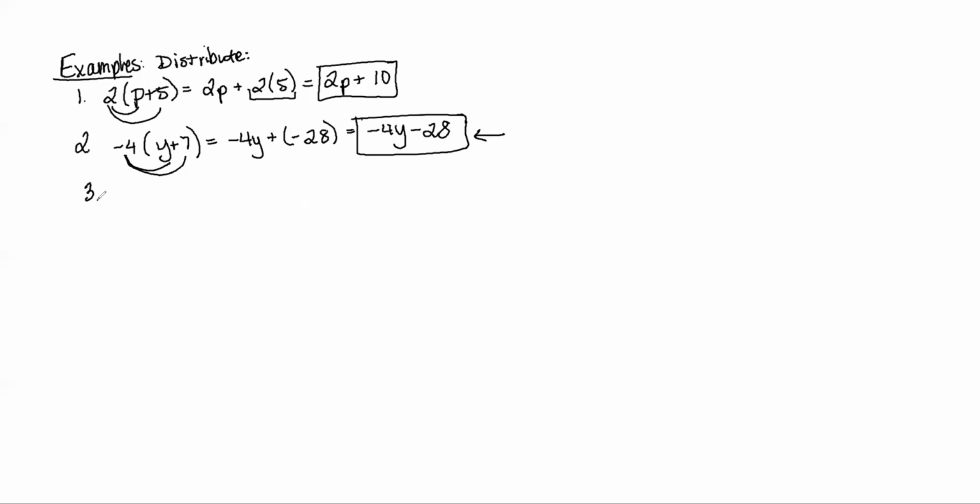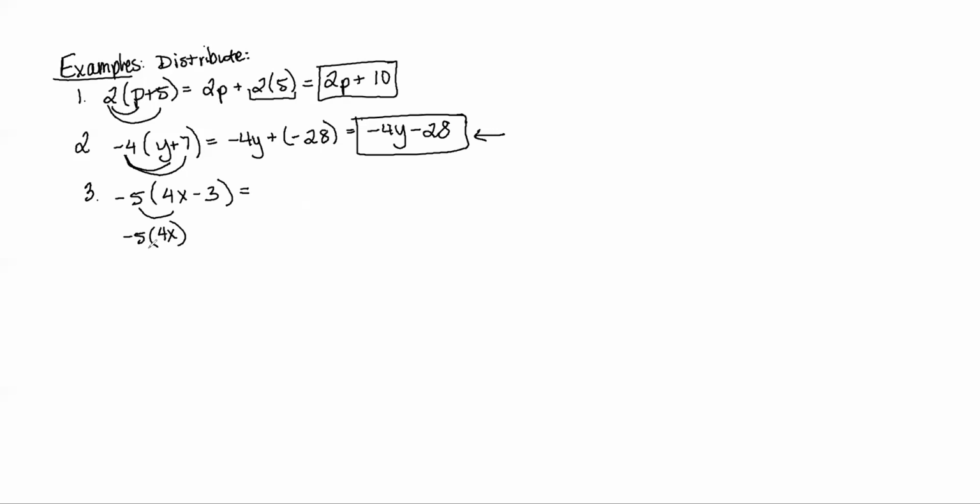All right, let's try another one. -5 times (4x minus 3). So now one thing we're going to see here with this first one, when we distribute -5 into that 4x, -5 times 4x, we can multiply the numbers here.